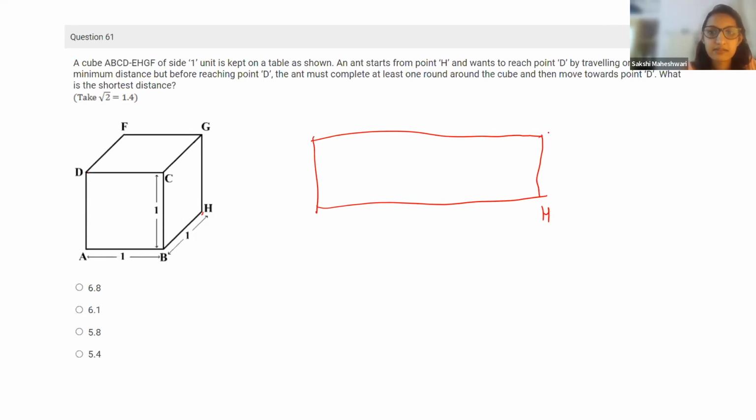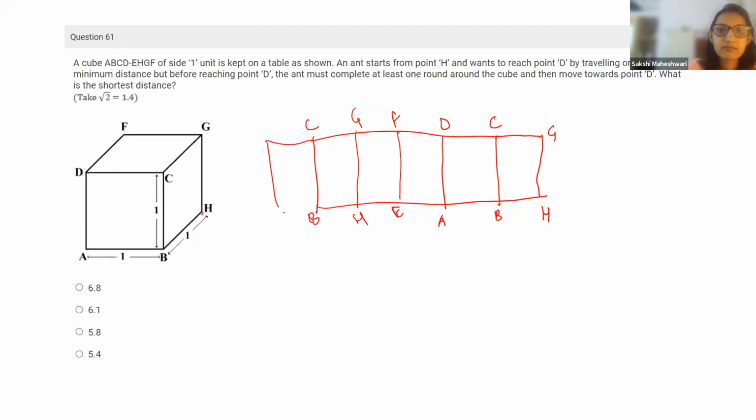This is H, this is G, and it will come to B. Then this goes to C. This is D. And on that side it will be E. And then again it comes back to G, H, E, C, and it has to go to D. Or it can go from H to B to A, then to E. This is E. Okay. So this way it will go.